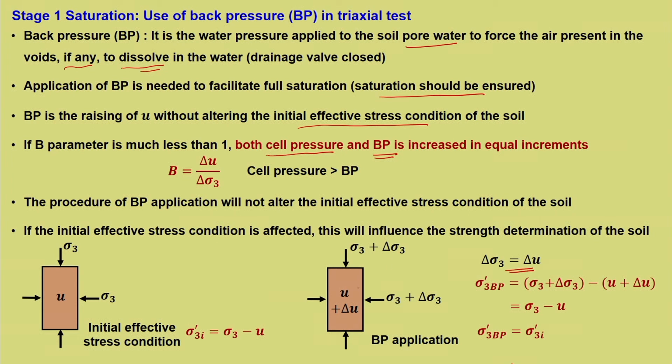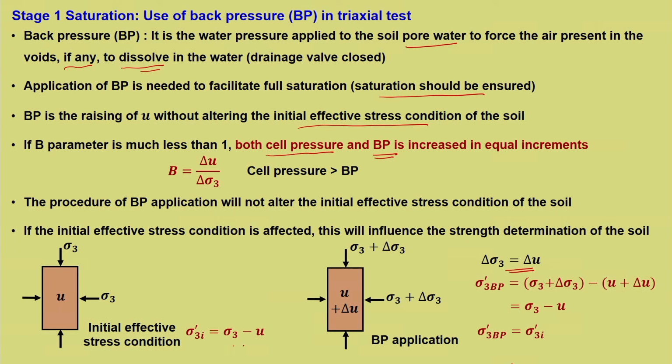Back pressure is increased by delta U, and the cell pressure is also increased by delta sigma 3, so that effectively the condition remains the same. So, what is the effective stress condition for this back pressure application? Sigma 3 dash with back pressure is equal to sigma 3 plus delta sigma 3 minus u plus delta U, that gives sigma 3 minus u.